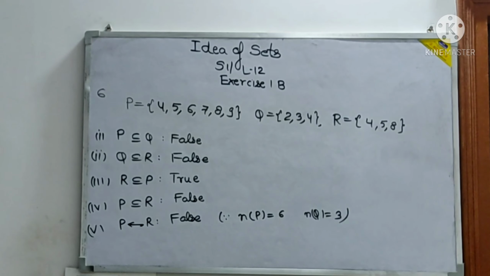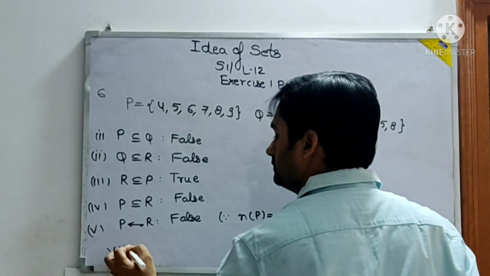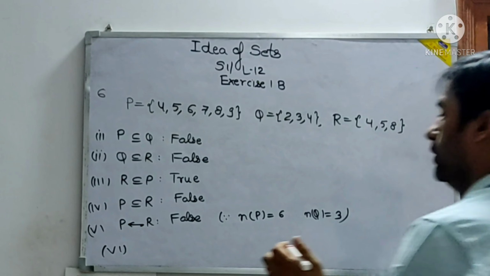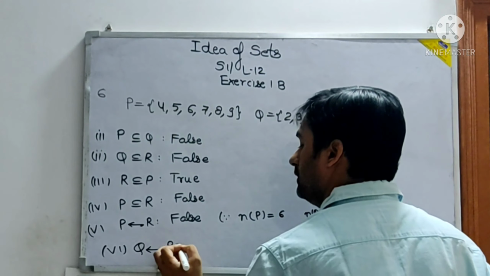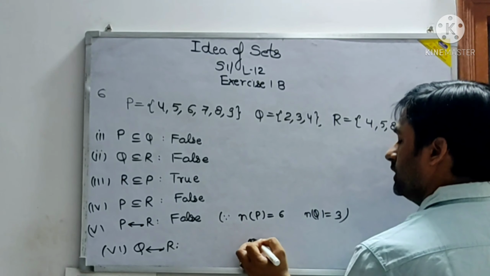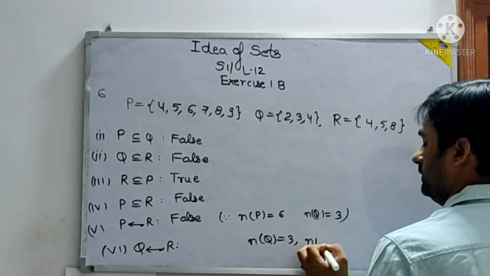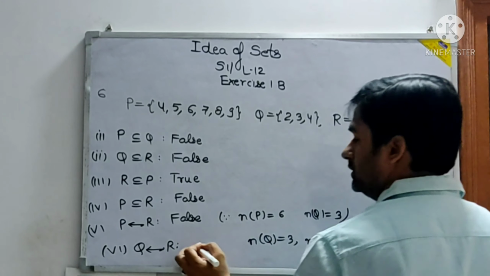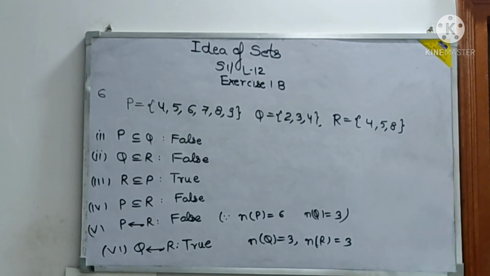So fifth also will be false only. Let us see the sixth part. Sixth part says Q and R are equivalent. Let us check. What is NQ? NQ is 3. What is NR? Cardinal number of R is 3. Equals. This is also true. It was very easy question. Nothing difficult in this.